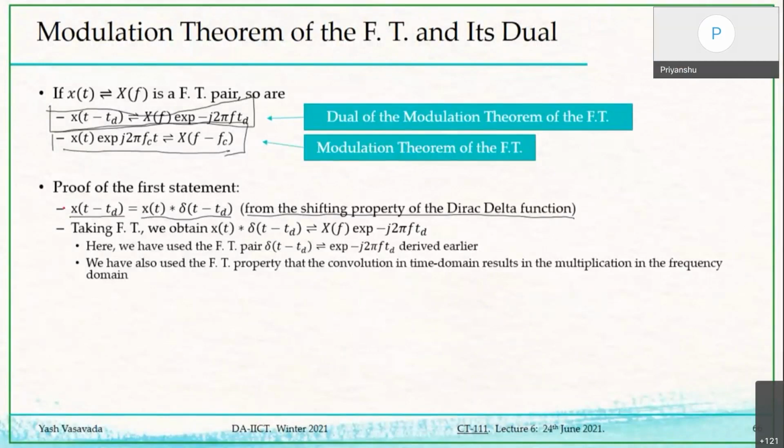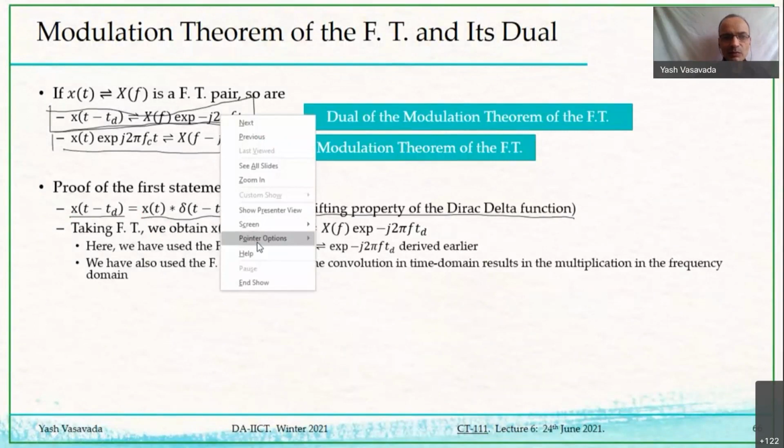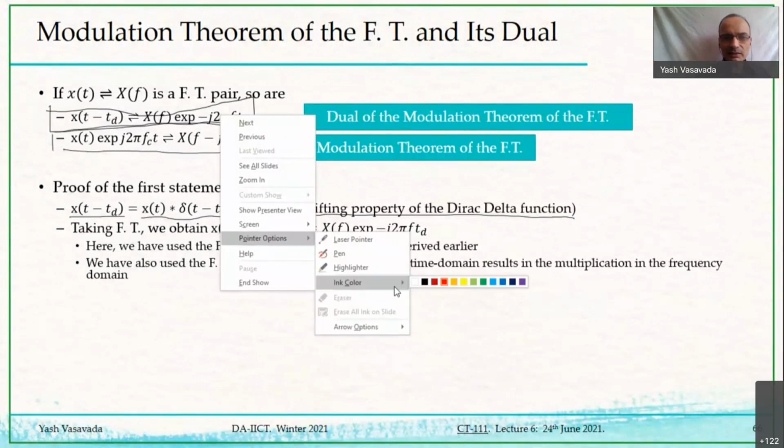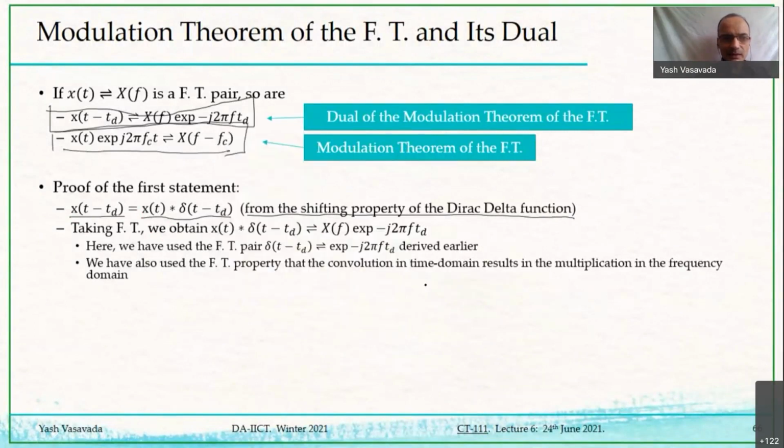So what I will do now is I'll take a Fourier transform of this convolution operation. But remember, convolution in time domain is same as multiplication in the frequency domain. So x of t, Fourier transform is X of f. Delta of t minus td, its Fourier transform is exponent of negative j2 pi f td.